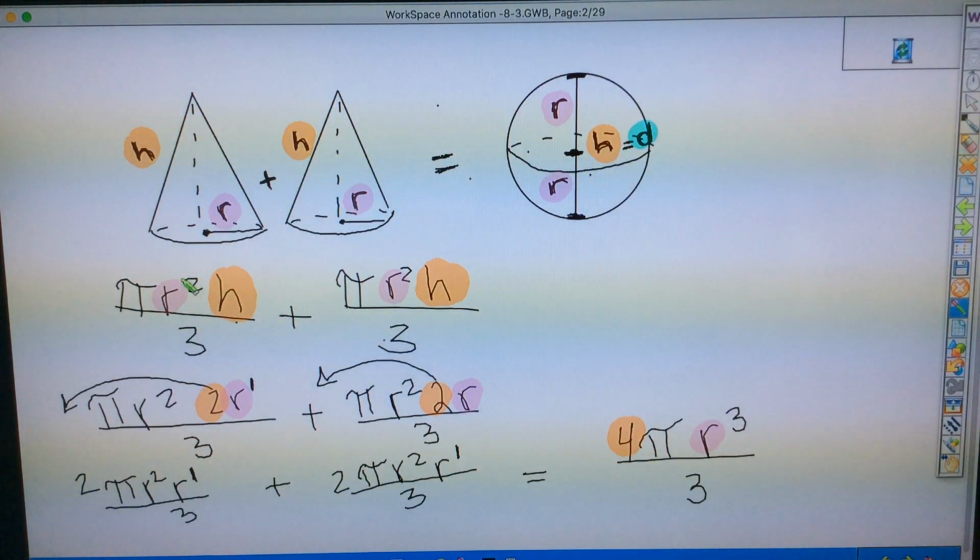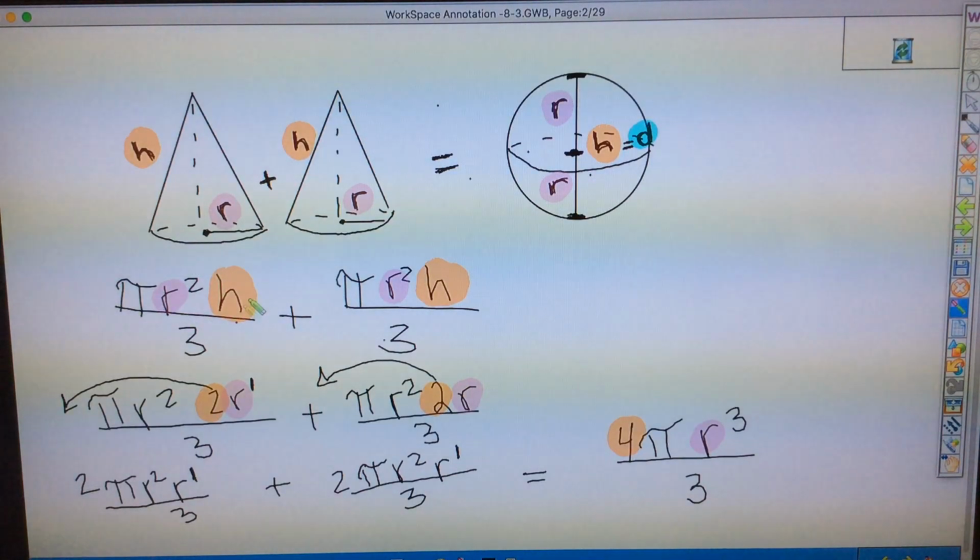So down below I have the formula of a cone plus the formula of a cone. Remember that the formula is the area of the base, pi r squared, times the height divided by 3, because 3 of these fit into a corresponding cylinder. And this is the formula for volume of a cylinder. Okay, so we're adding the 2 together.